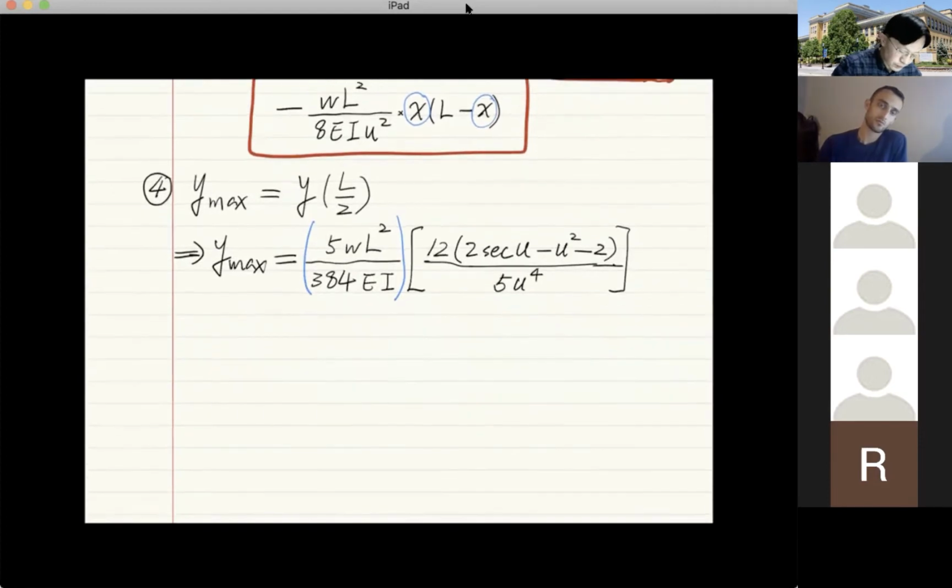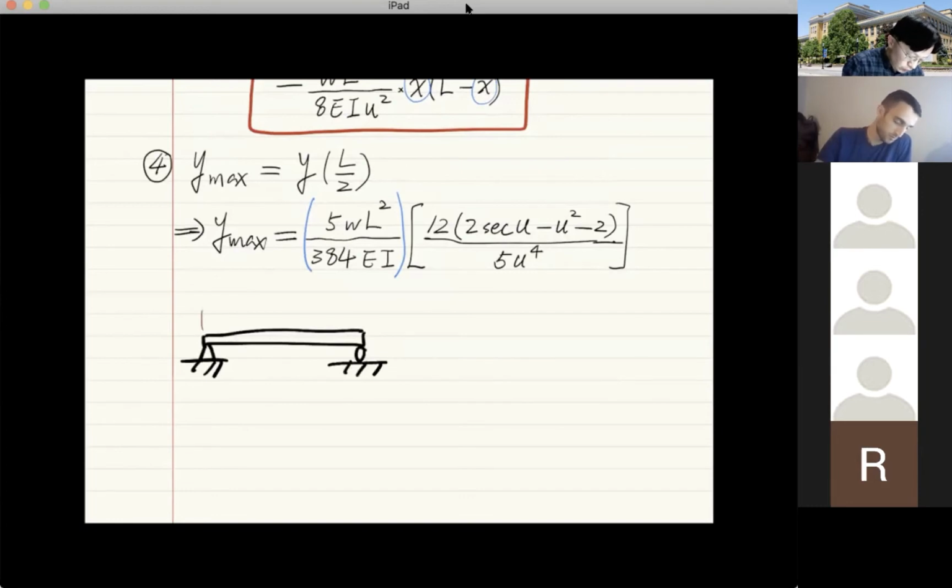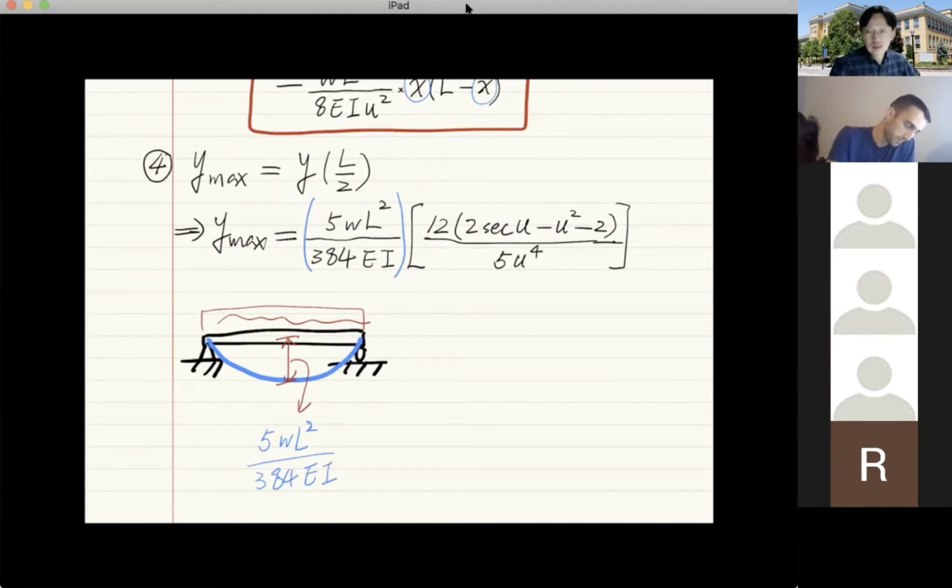This coefficient is the maximum deflection of a simply supported beam subjected to uniformly distributed loading at midspan, which is 5 WL squared over 384 EI, without the application of the axial force P.